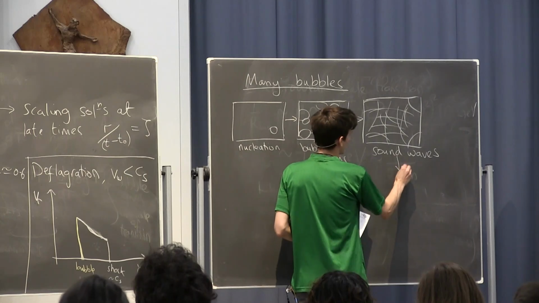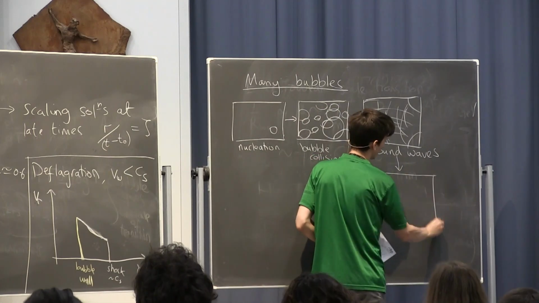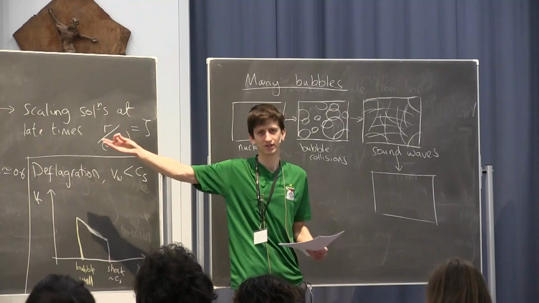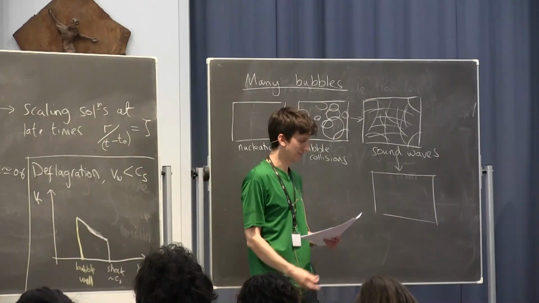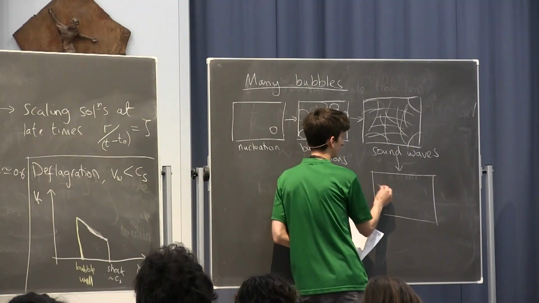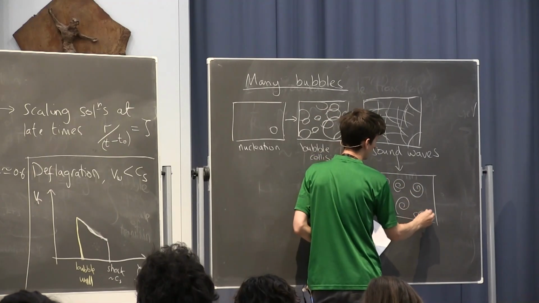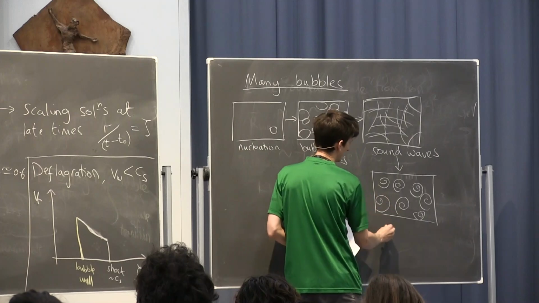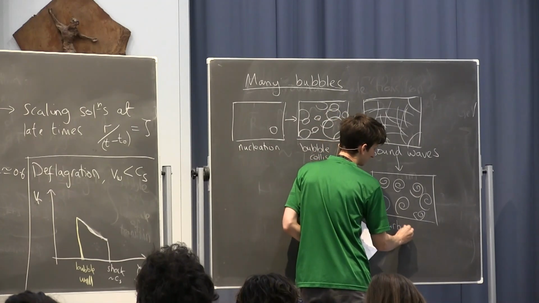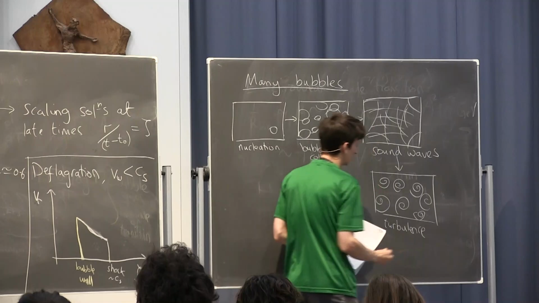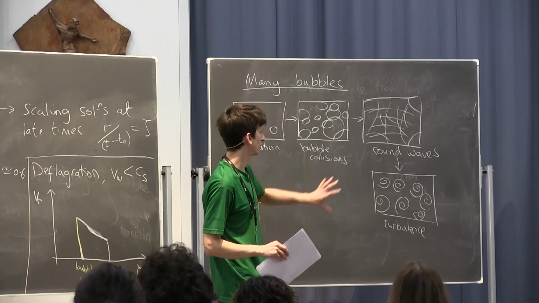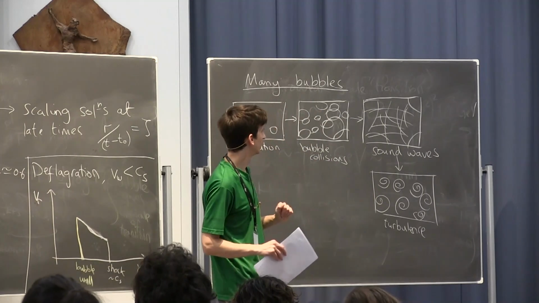Then it's expected that after that, at some point, the sound waves start interacting non-linearly because hydro has non-linearities in it, and then you get turbulence. You get vorticity generated, and then you have the energy density moving to longer scales and to shorter scales.